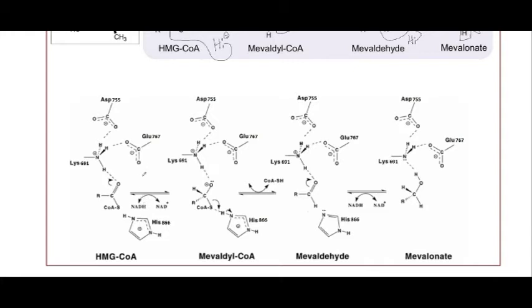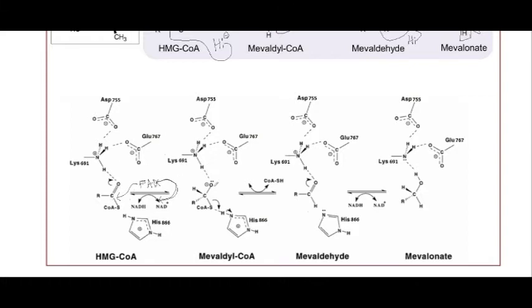I think the structure actually has an FAD, so I would imagine the FAD is actually doing the redox: the NADPH would pass the electrons to the FAD, and then the FAD would pass the electrons in the form of a hydride onto this carbon here.